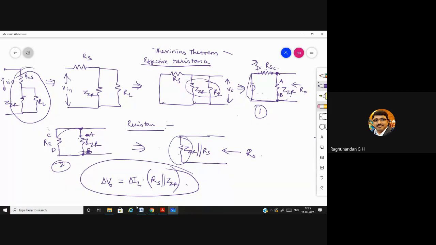By solving all these steps, we are going to find the performance of the regulator. When you find delta V naught, it tells the amount of change or variation it is going to have.